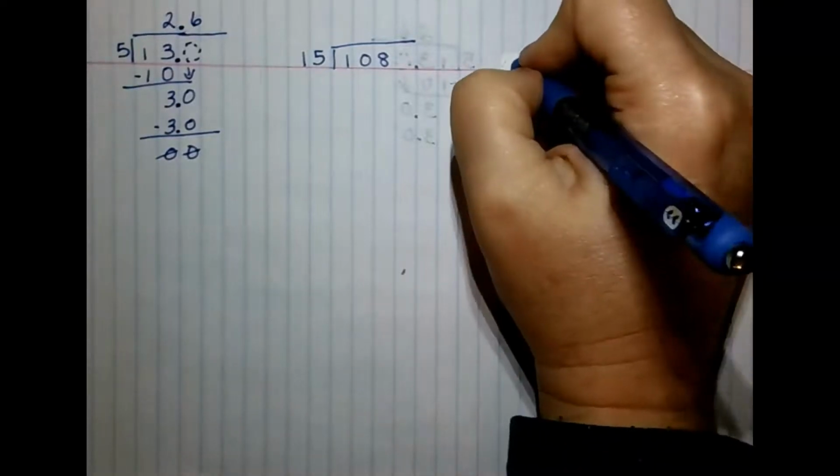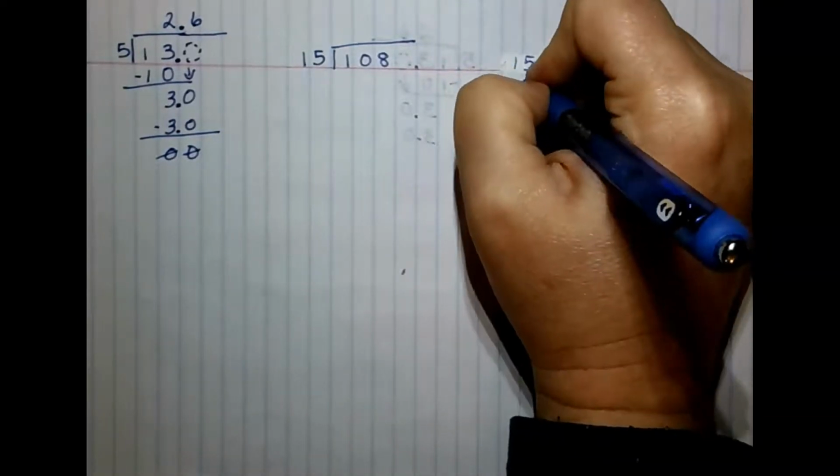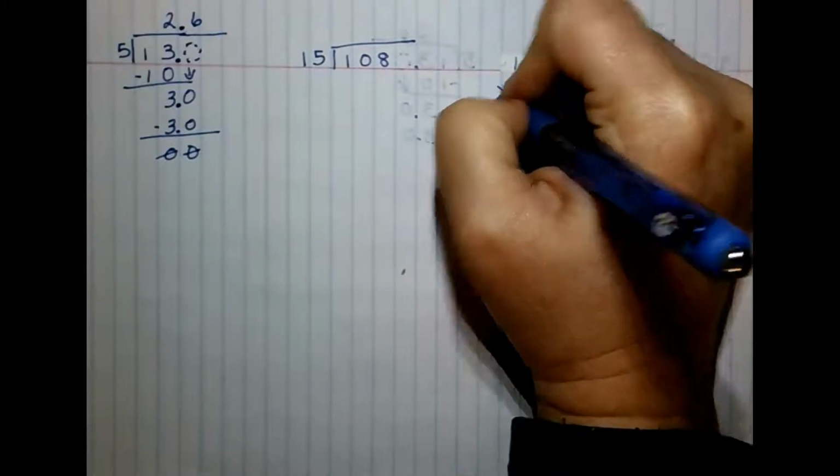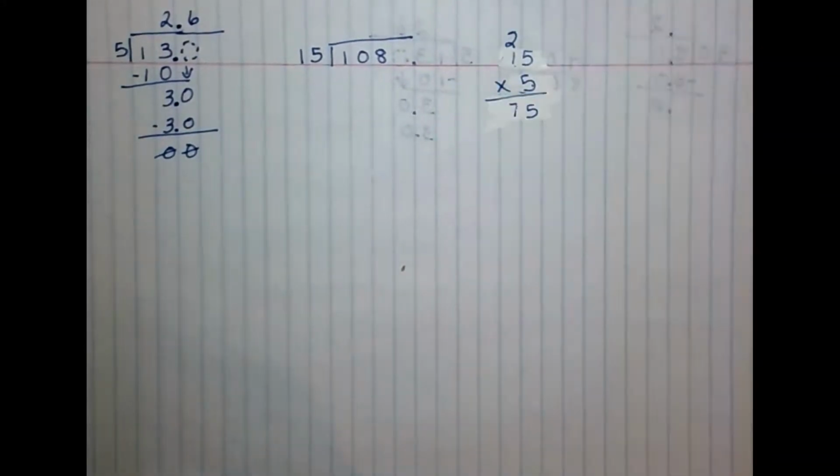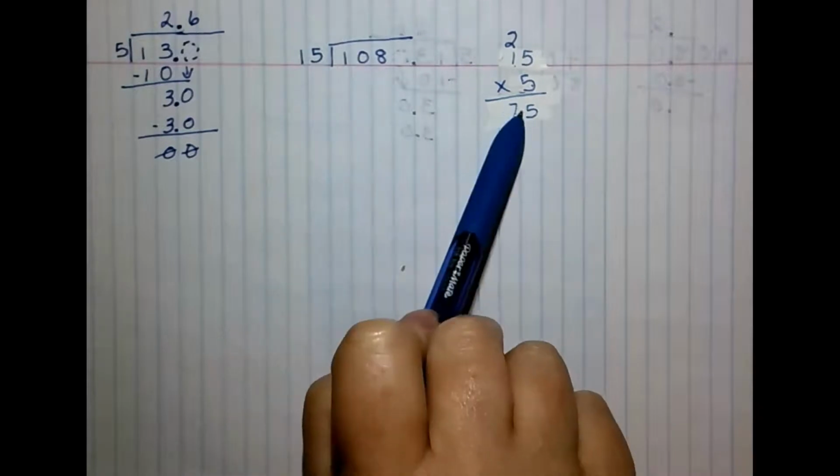But I'm going to check that to make sure. So I'm going to take my 15 and multiply it by 5. And I see that I have 75, which tells me that I would have plenty to make another group.